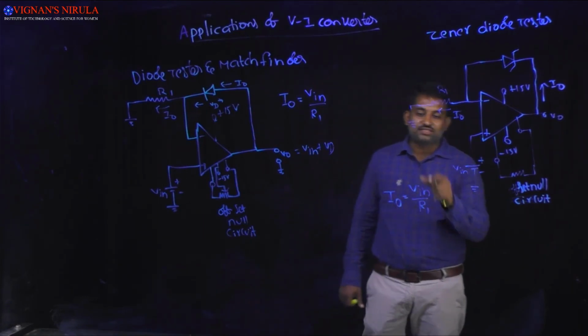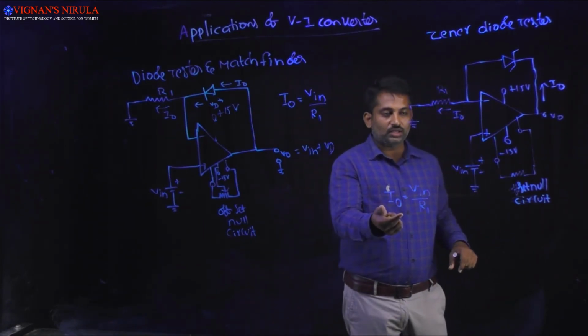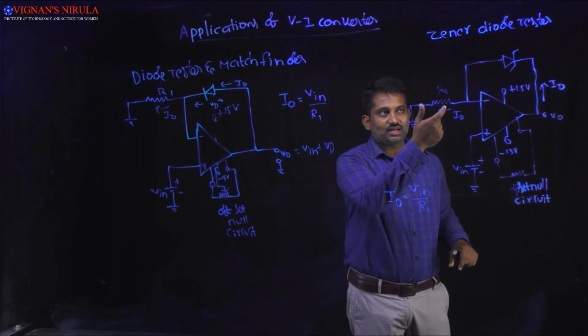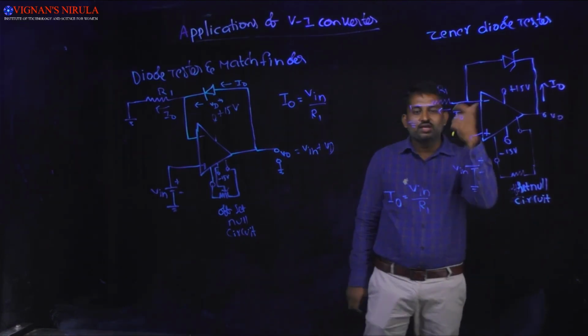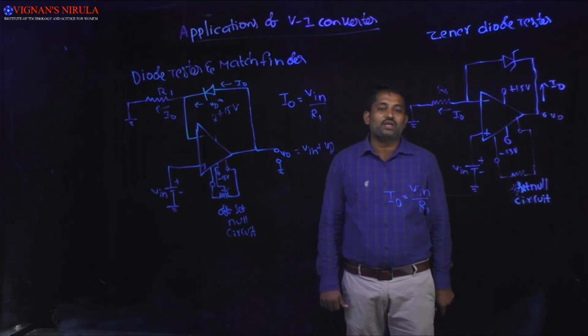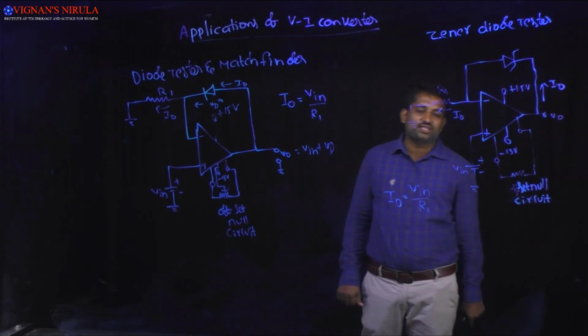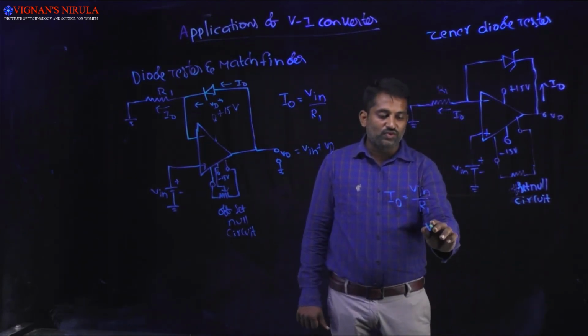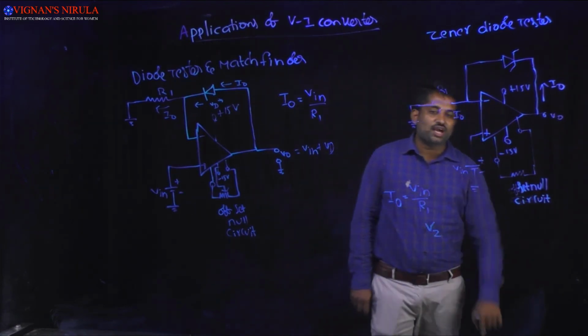So while setting this input current, it should always be greater than the knee current of the Zener, then only the Zener is rated, otherwise the Zener will not be rated. Once the Zener is rated, then we can easily calculate the value of Vz across the Zener diode.